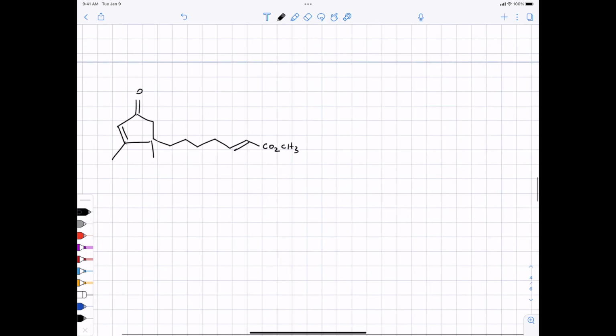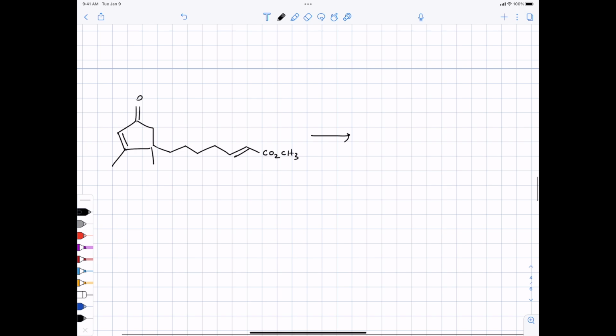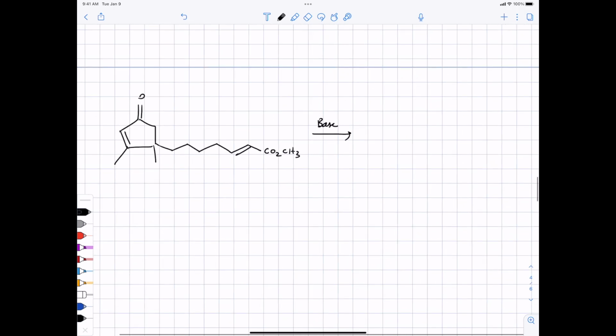Darn it. So, you just need a strong base for this process to happen. And then the product that we get, this is just so terrible. I just can't wait to draw this for you.